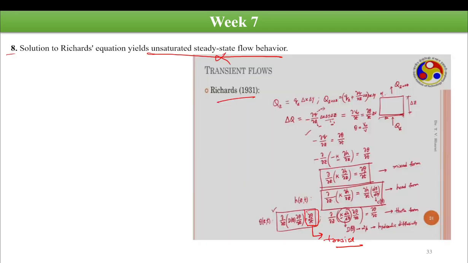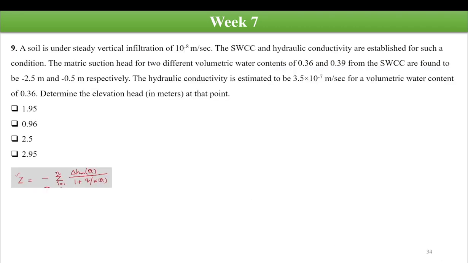Now we have a theoretical question. This question says that the soil is under steady state vertical infiltration of 10 to the power minus 8 meter per second. So the infiltration Q is provided as 10 to the power minus 8 meter per second, right? And the SWCC and hydraulic conductivity are established for such a condition.